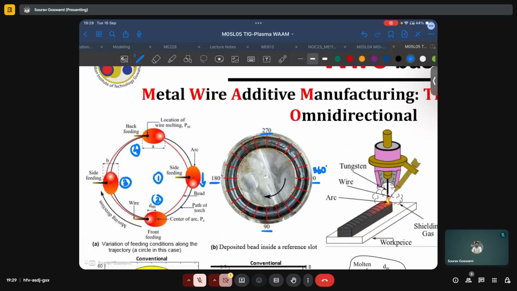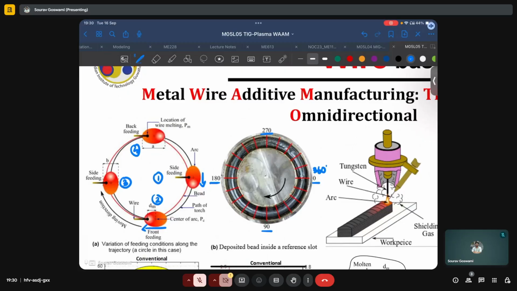At this point, it is moving downwards, and the wire is getting fed from one side. Thus, this is a case of side feeding. When the deposition head comes to position 2, it has still continued to move along the tangent to this black circle, and at this point, it is moving leftwards.